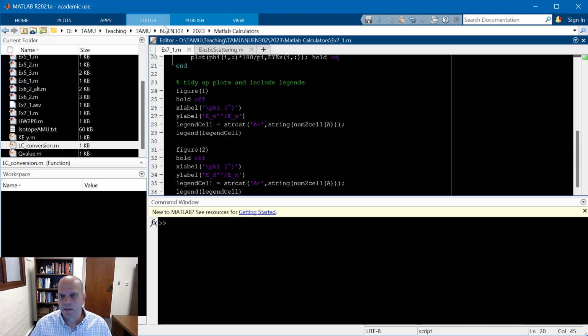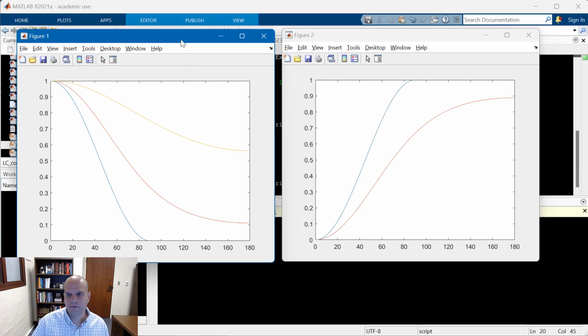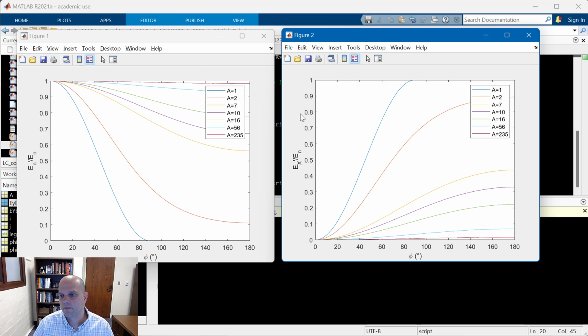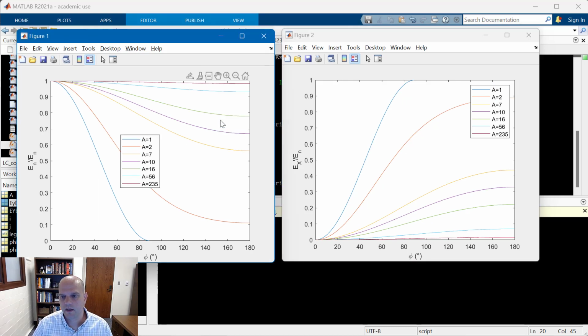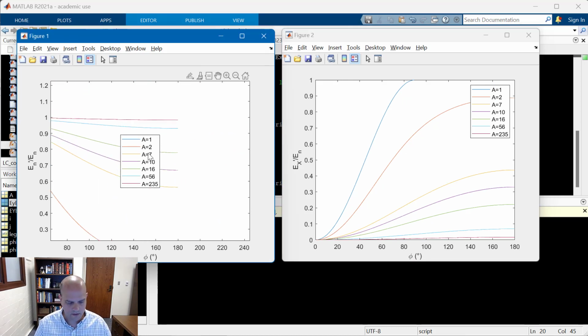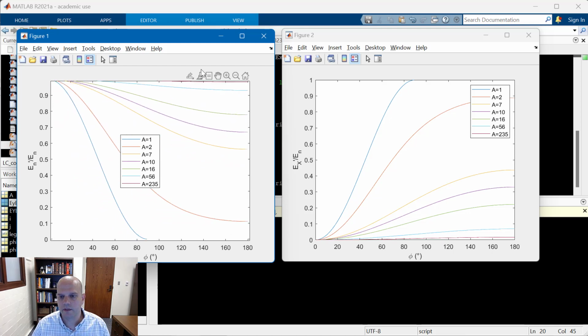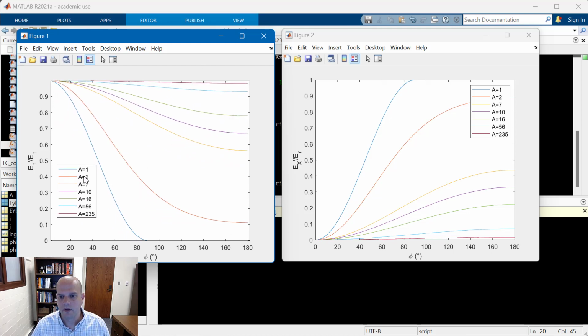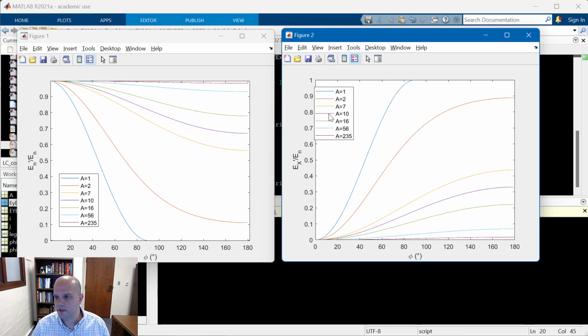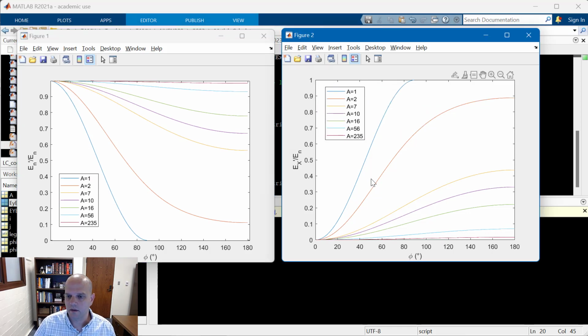So when I run this, I get values. I get the 7 different curves here, all labeled properly. And you can see we'll start with the largest mass number.